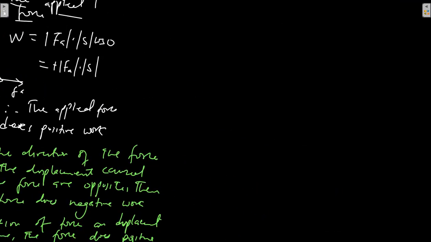Let's have another quick example here about electrostatic forces. Suppose we have a positive charge A and another positive charge B. Suppose we try to move the two charges together.